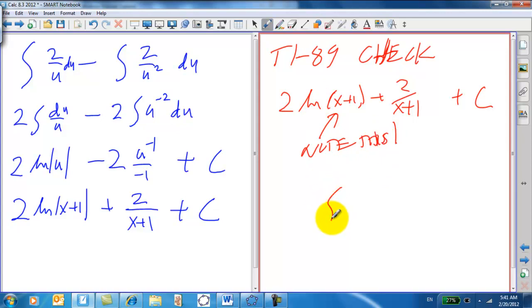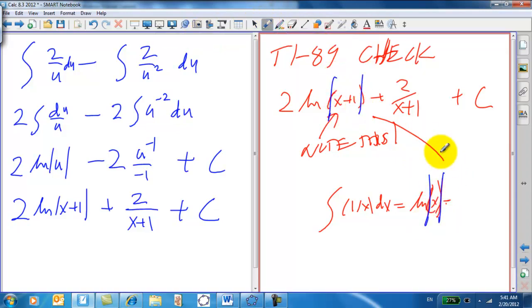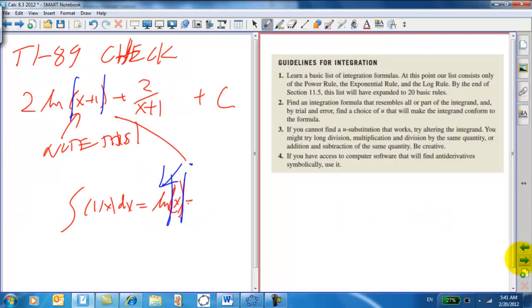When I asked it what the integral of 1 over x dx is, it said natural log of x. So that's wrong. It should be the absolute value of x. So keep in mind that the TI-89 is a little lax on that, and it should have absolute values on the arguments inside. Unless, of course, you know that the argument inside the natural log is positive, but not in this case.